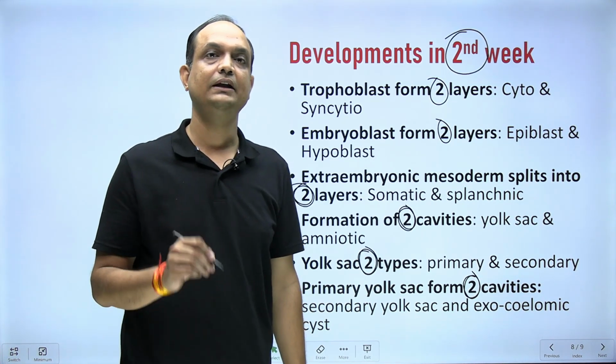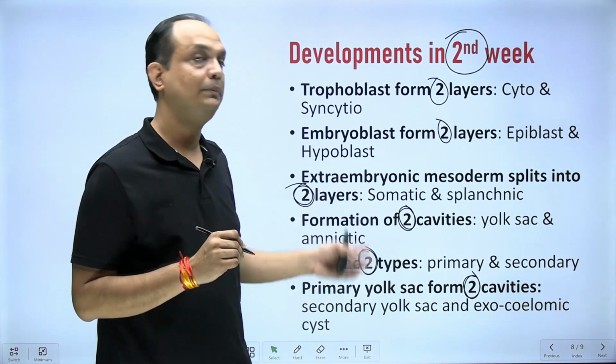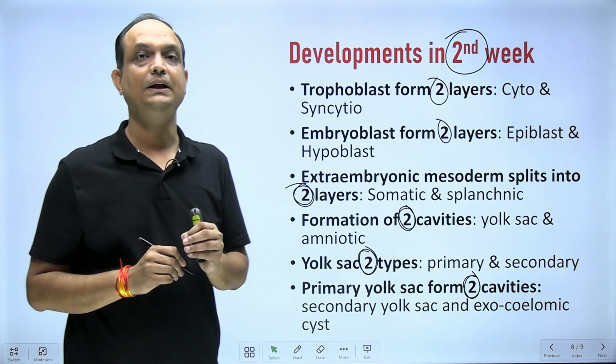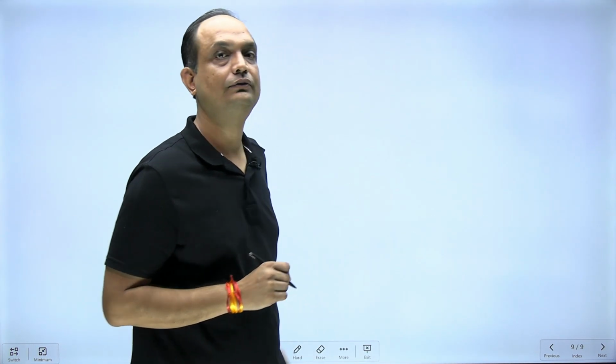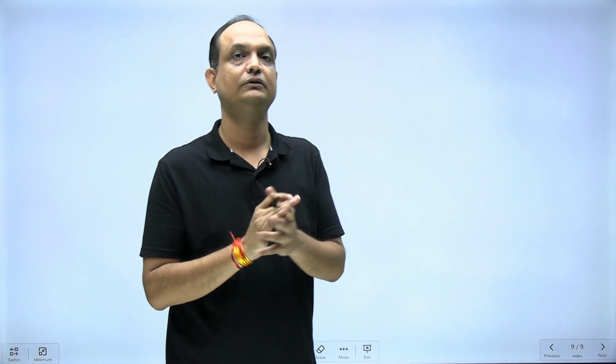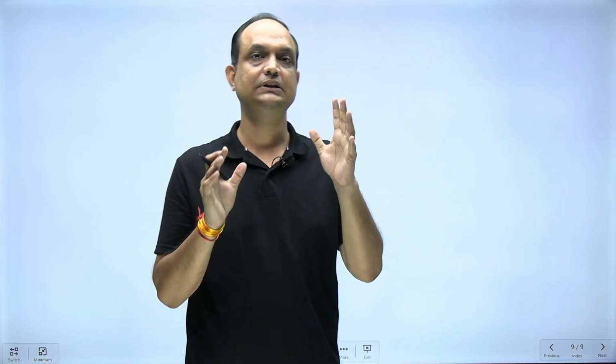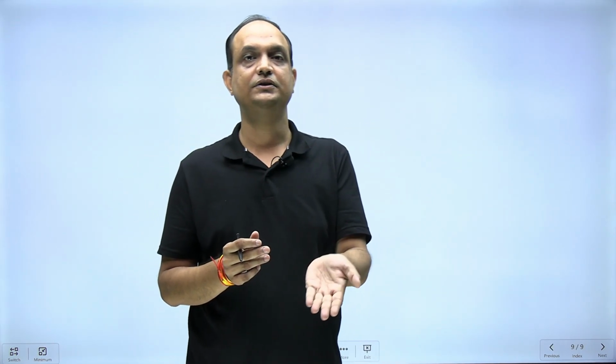Clear? So my dear students, these are some important changes which take place in the second week of development. So now at the end of this class, you have a brief idea about the second week of development: once fertilization takes place, after the 7th day of fertilization, the implantation will complete.